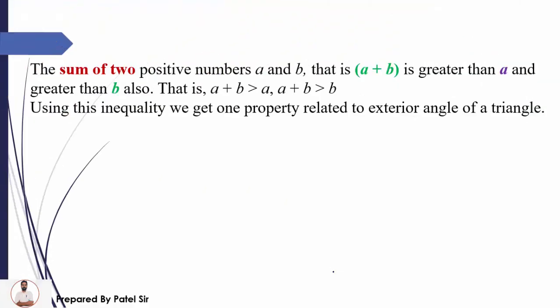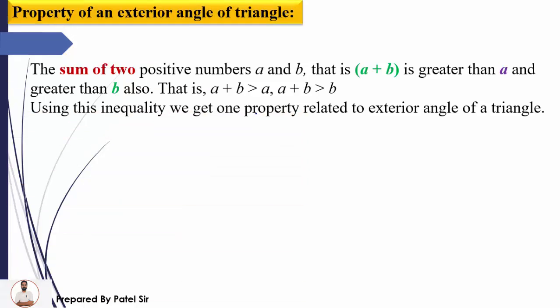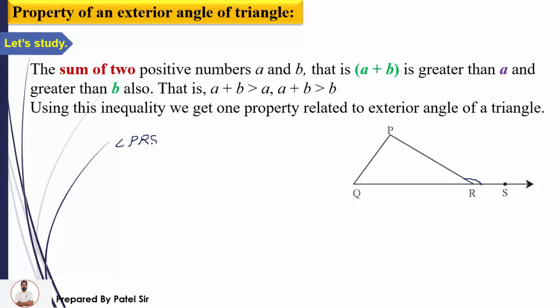Here let us see the relation, or the inequality, between the remote interior angles and the exterior angle of a triangle. Property of an exterior angle of a triangle. Here you can see over here, we know that PRS is the exterior angle, and we know that angle PRS is equal to angle QPR plus angle RQP.